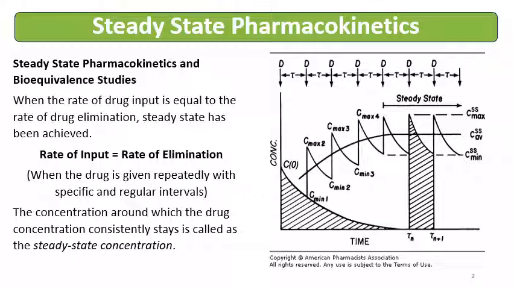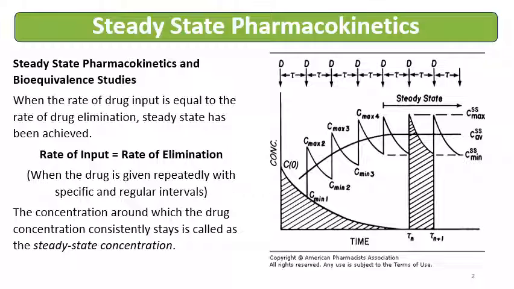Then from that absorption the drug reaches the blood circulation. After the absorption, the distribution, metabolism and elimination start. So that is the ADME of pharmacokinetics.